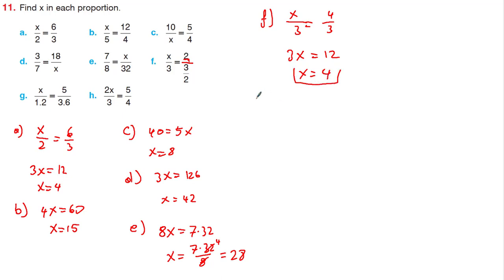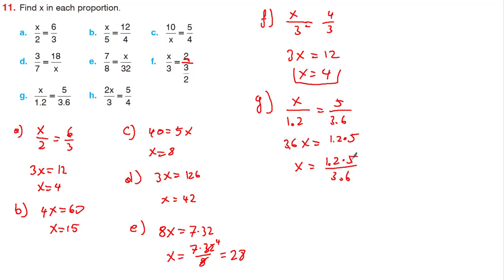Perfect. Under G, we get x over 1.2 is equal to 5 over 3.6. Cross multiplying results in 3.6x is 1.2 times 5. So that means 1.2 times 5 over 3.6. We can multiply both numerator and denominator by 10 to get rid of that decimal part.